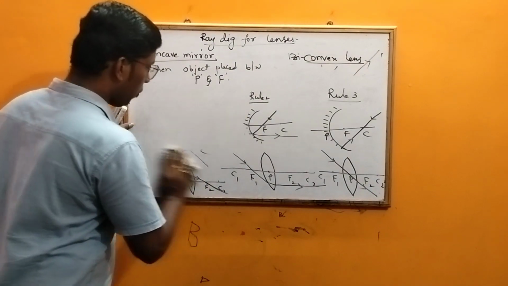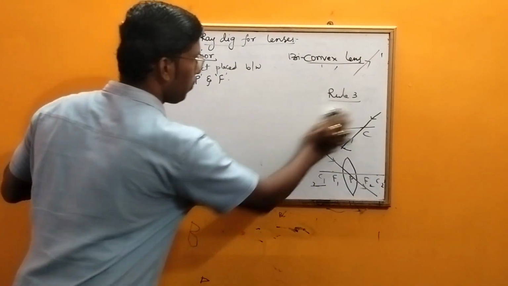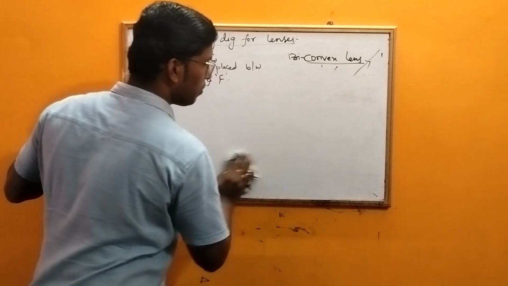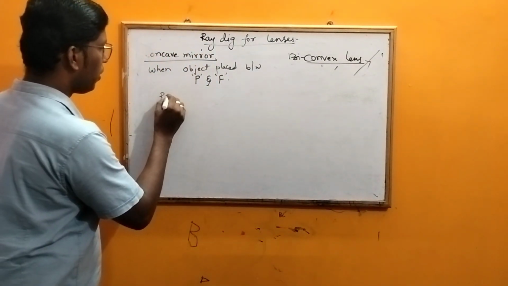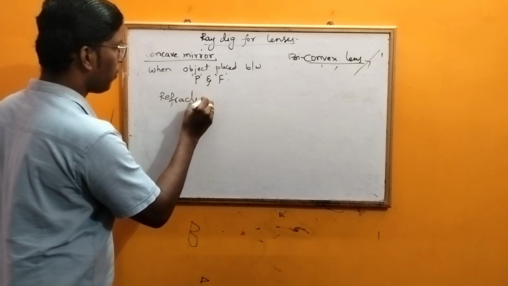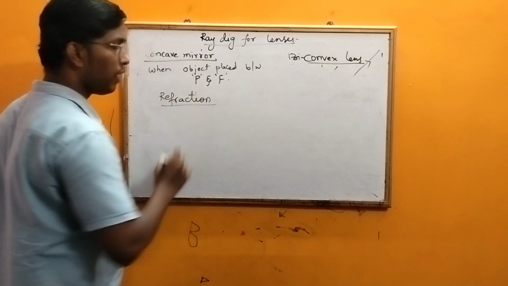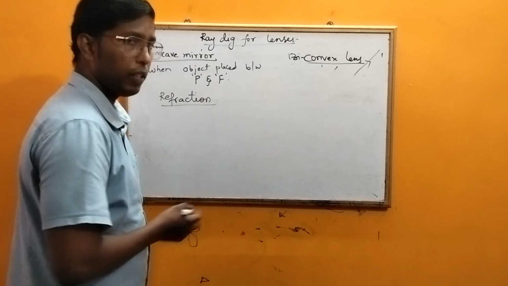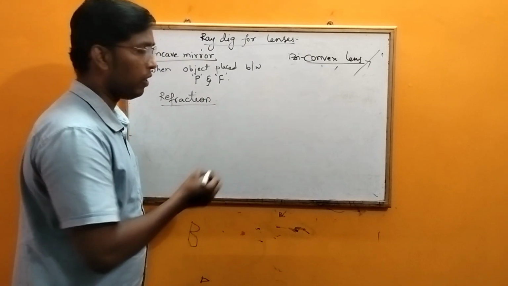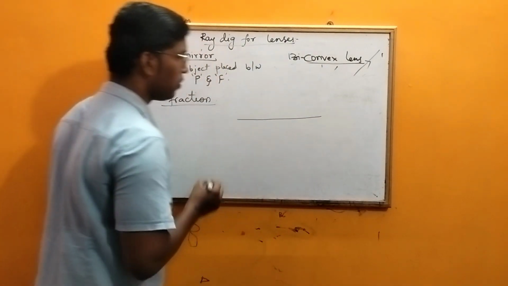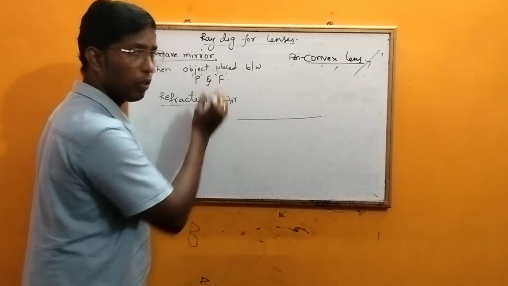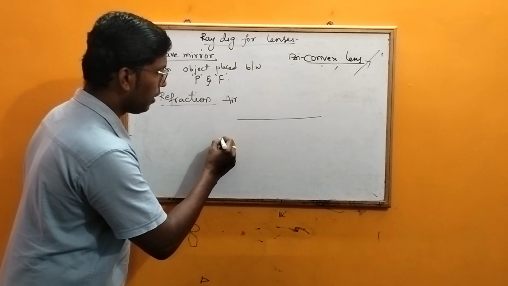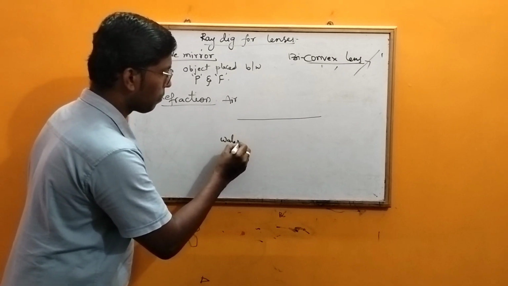Now one more point I will tell you. There are few cases of refraction. Let us study about refraction. What happens in case of refraction of light when a light ray travels from one medium to another medium? It bends and travels. Imagine this is the surface between two mediums. One is air, above the line, and below the line it is water.